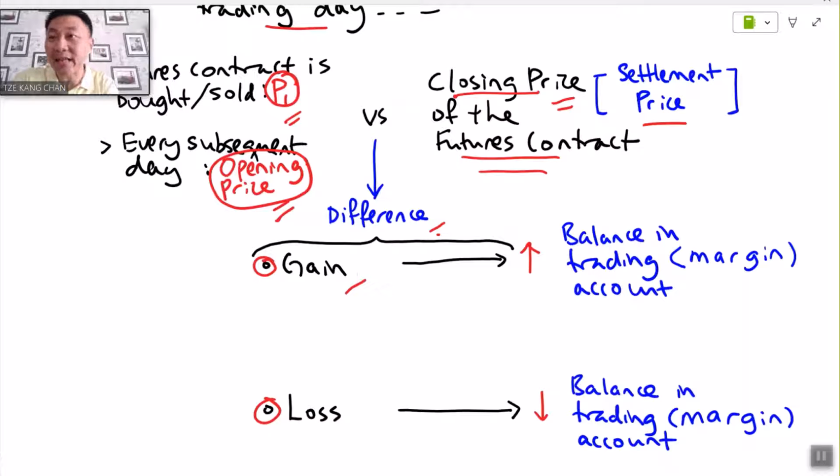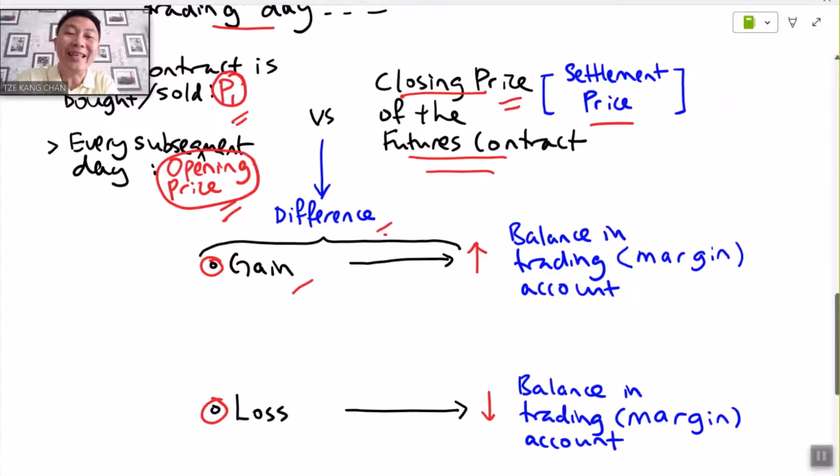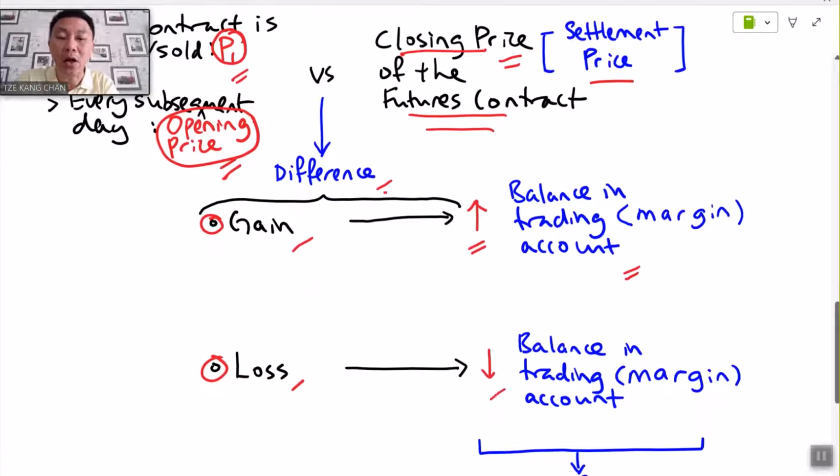Should a gain be anticipated, this gain will increase the balance in the trading or margin account of the account holder, which is the hedger. Vice versa, should losses result from the comparison of the prices at the end of each trading day, these losses will reduce the balance in the trading or margin account of the account holder.